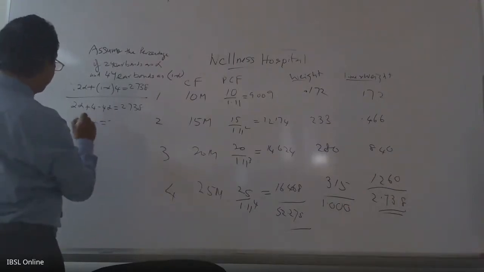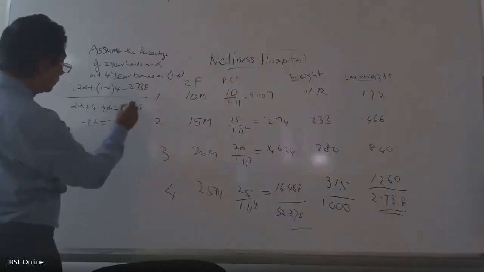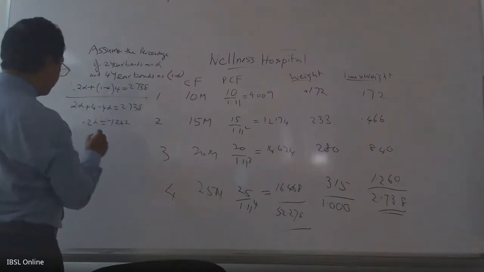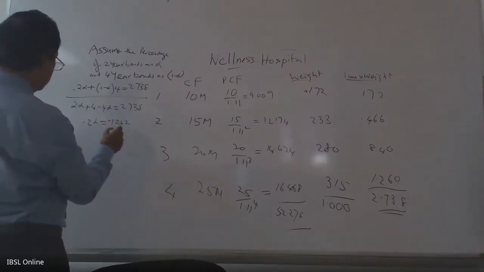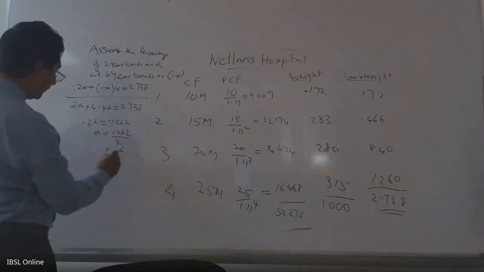That also will be a minus figure, that is minus 1.262. So minus 2 alpha is equal to minus 1.262. Therefore, alpha is equal to 1.262 divided by 2, that is 0.631. So we can say 0.63.